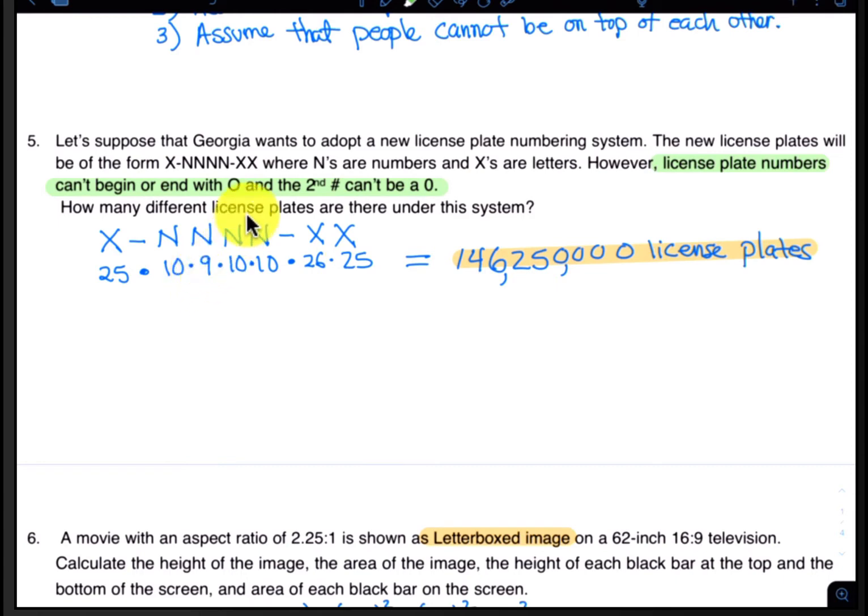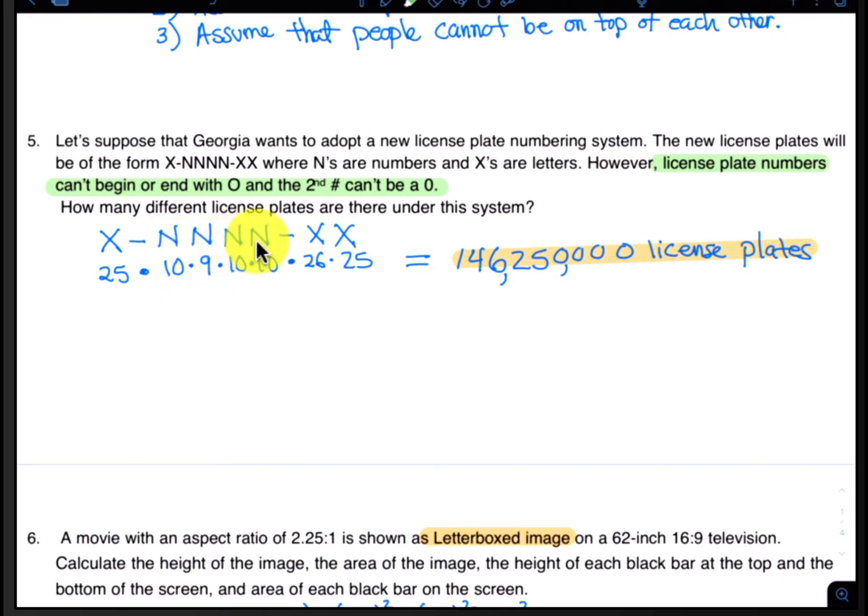It also says that the second number cannot be 0. So the second number would be this N right here. So that second number cannot be 0. Therefore, we would only have 9 digits to choose from. But everything else is as we would expect. For this number here, we could use all 10 digits.